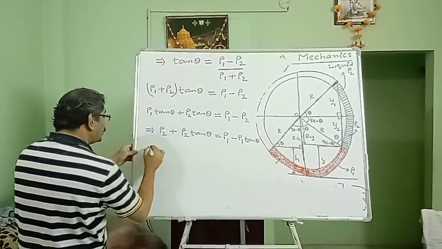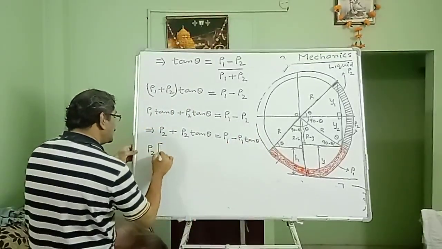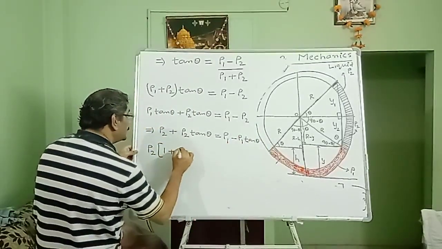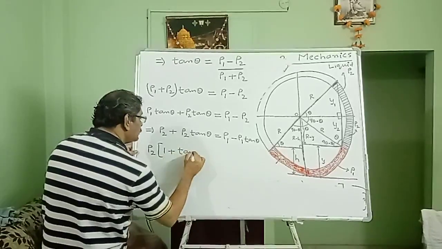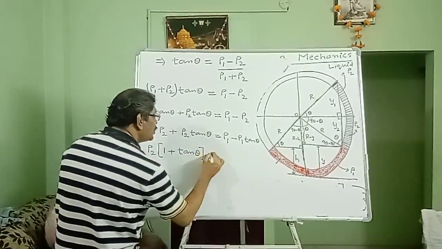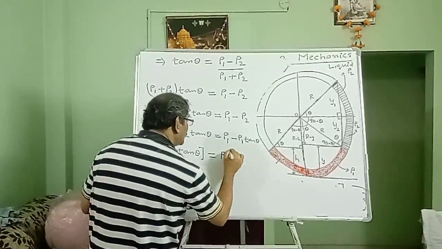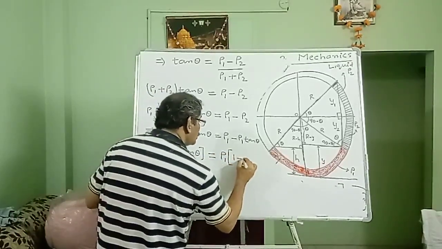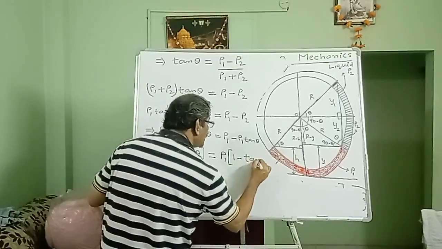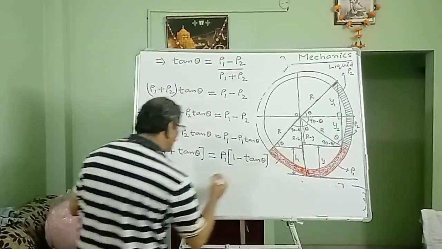Now I can take rho 2 common, so I get 1 plus tan theta, and rho 1 can be taken common, so you get 1 minus tan theta.